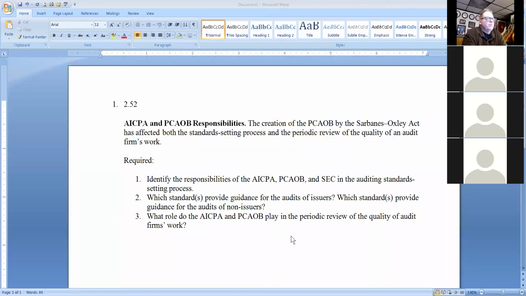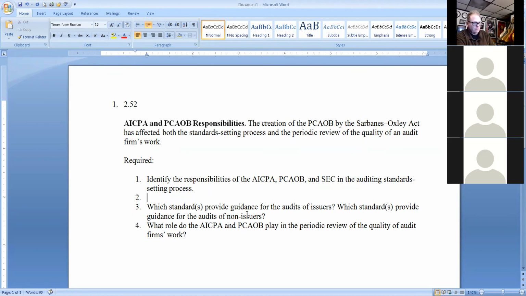All right. So you can look at the standards. Who's responsible in the auditing standards? What are the responsibilities for the AICPA, PCAOB, and the Securities and Exchange Commission?